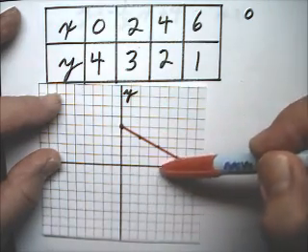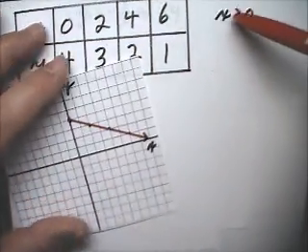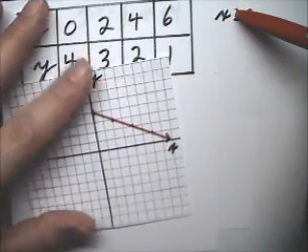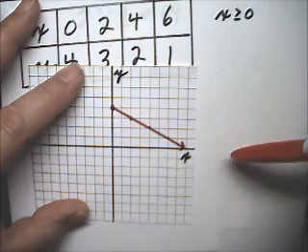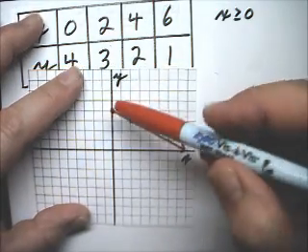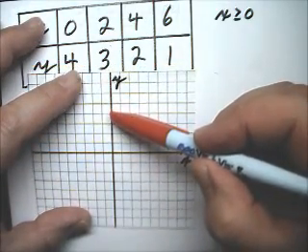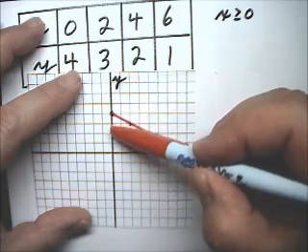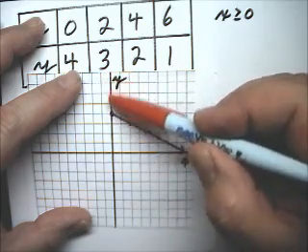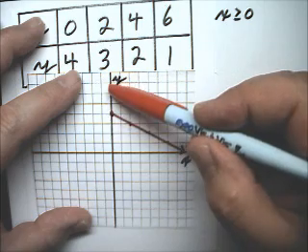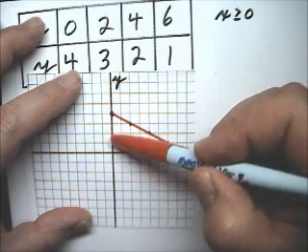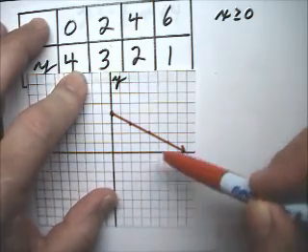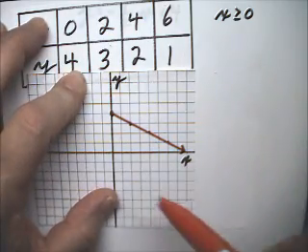The domain is x is greater than or equal to 0, so x is always greater than or equal to 0. The function doesn't exist up there because of the restriction on the x. The function only exists down here, and this continues.